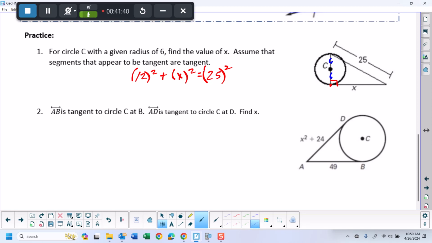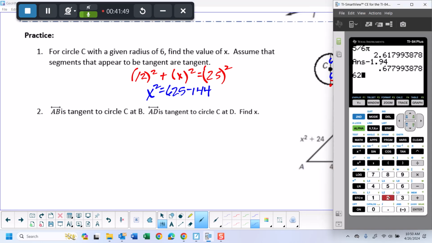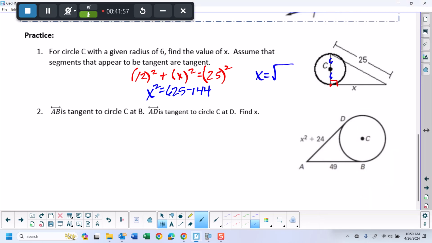So my x squared is going to be 625 minus 144. So 625 minus 144, 481. So x is equal to the square root of 481.